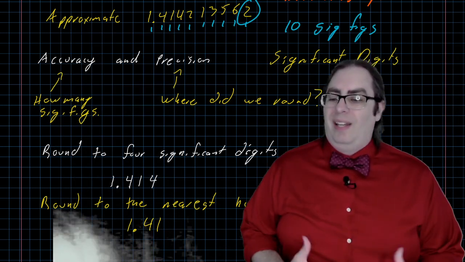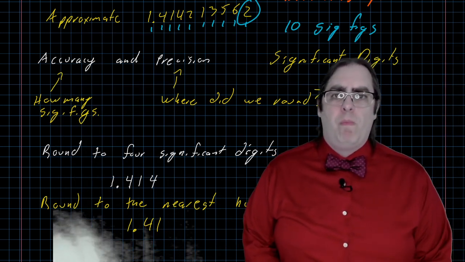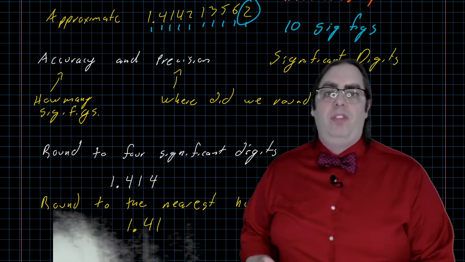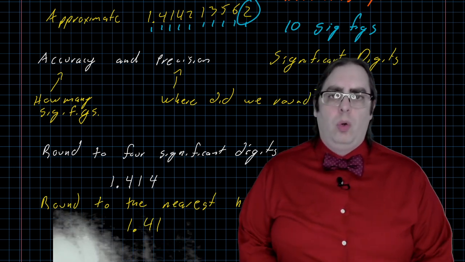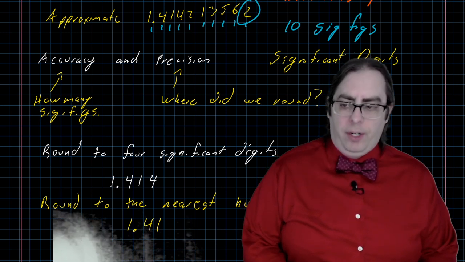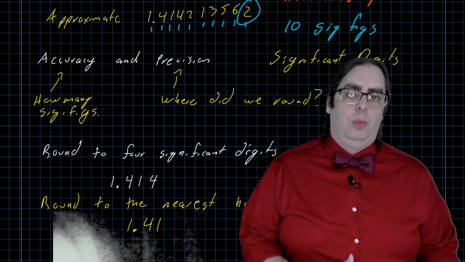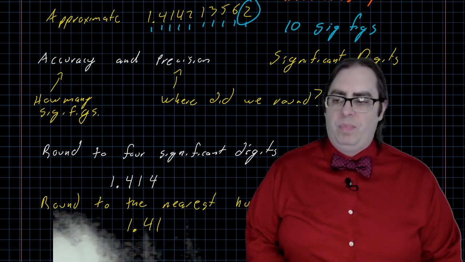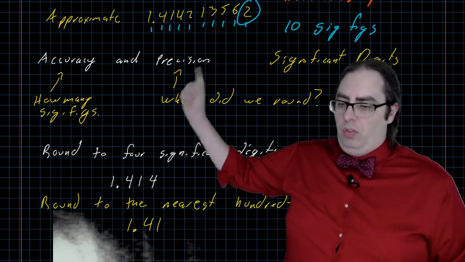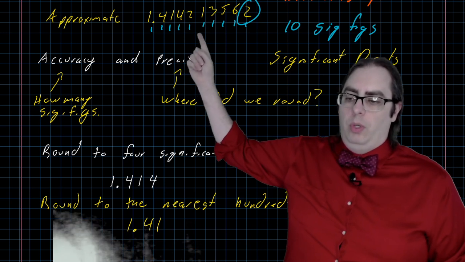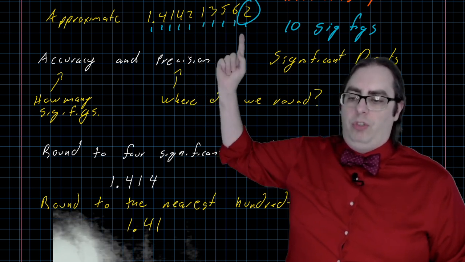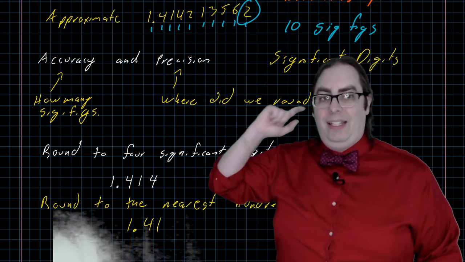All right. So again, I want to stress here, there's not a this is right or this is better. This is appropriate based on the situation at hand. None of these, 1.414213562, is not exactly the square root of 2.